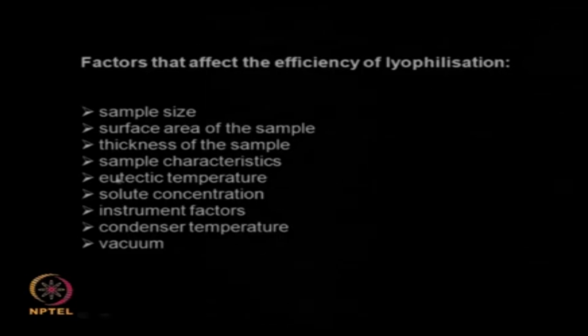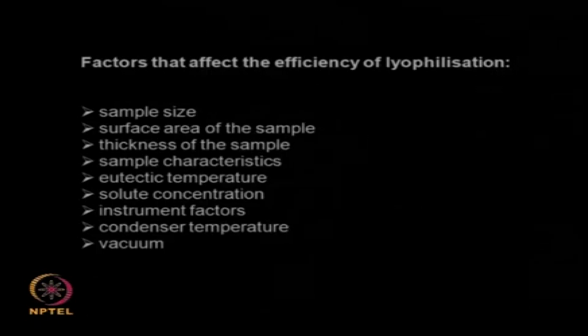Sample characteristics, that means physical properties, viscosity and density and so on. Eutectic temperature, because what is eutectic temperature? We are talking about solid ice and solid material. These two can together combine to form a third blend of product. That is where eutectic temperature comes into the picture.